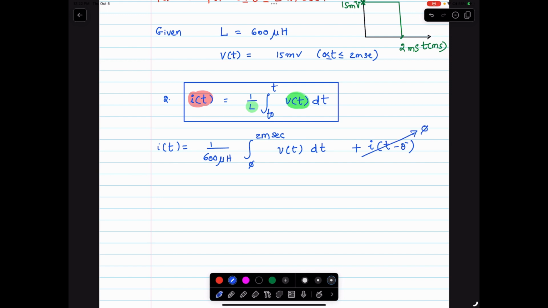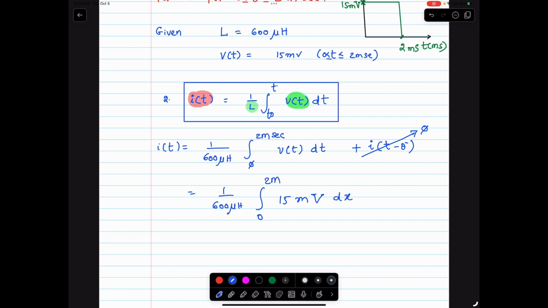Now we simply have to plug in the known values. 600 microhenry, integral from 0 to 2 milliseconds, and v of t is 15 millivolts, dt. We can write 15 millivolts as 15 times 10 to the negative 3.